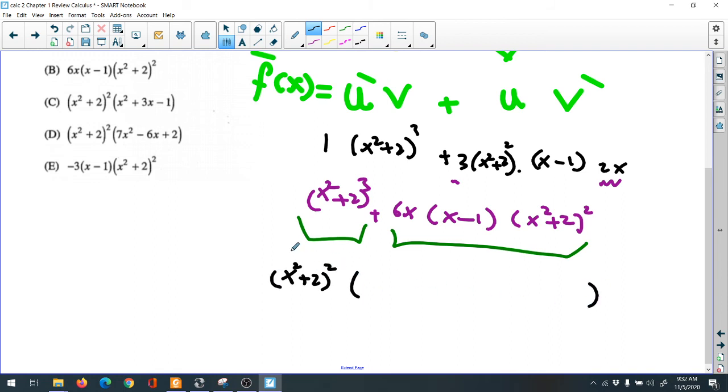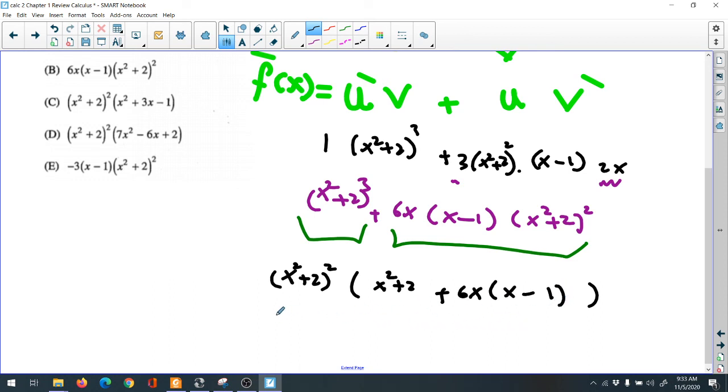Then open parentheses, divide x squared plus 2 to the third over x squared plus 2 to the second. We see that x squared plus 2 left. And then divide this quantity by x squared plus 2 to the second. X squared plus 2 to the second canceled out. Then 6x times x minus 1 left.